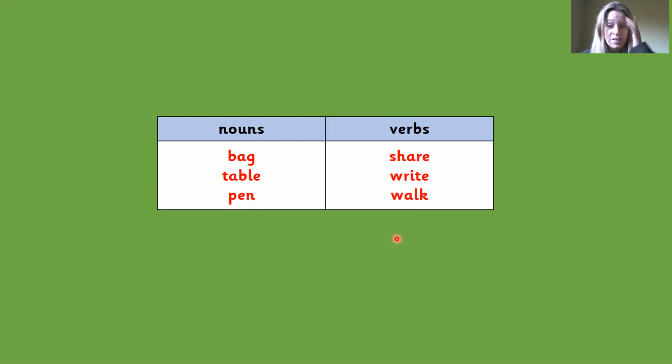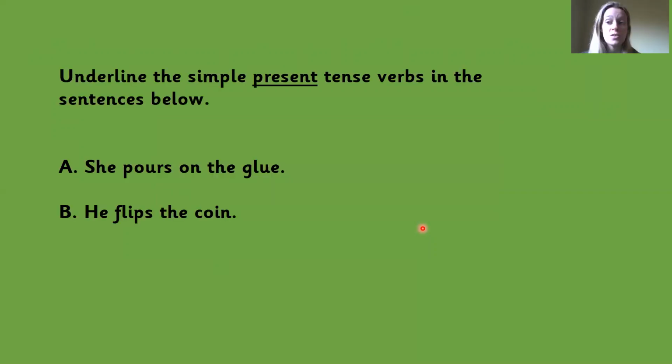Okay? Now, when we're talking about past and present, the verbs are what is going to tell us whether something is in the past or the present. So let's have a look at these examples here. Now, you've got two sentences and they've been written in the present tense, okay? We know they've been written in the present tense because the verbs have been written in the present tense, as if you're doing them at this moment in time.